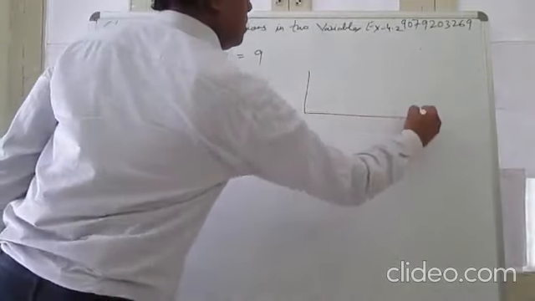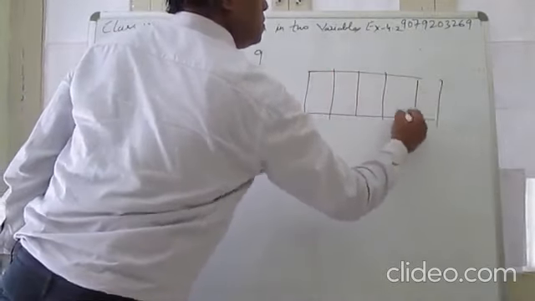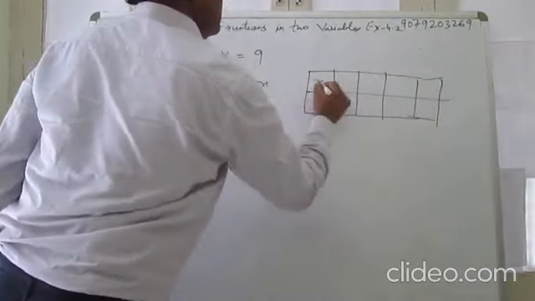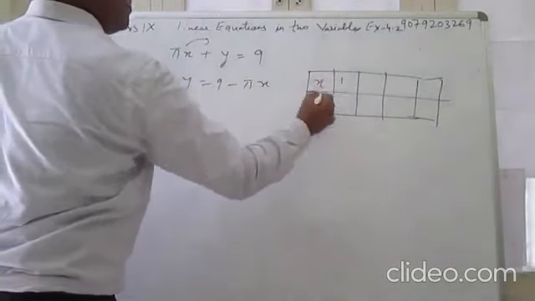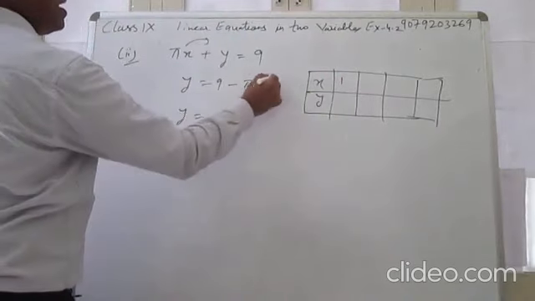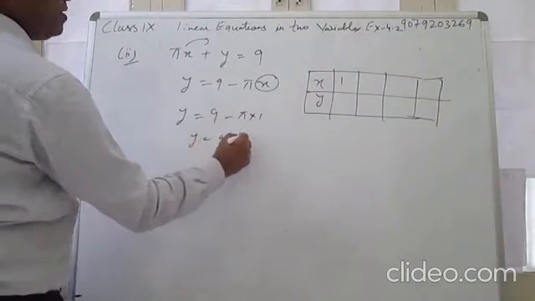So make a table, x and y. If I take x is equal to 1, then y is 9 minus pi into 1, it becomes 9 minus pi.